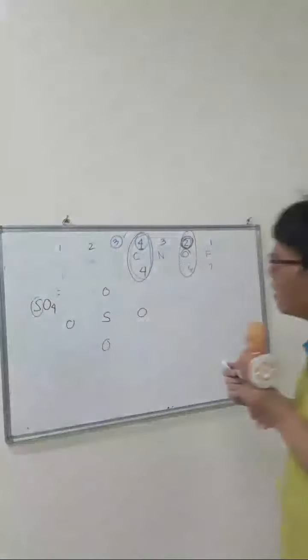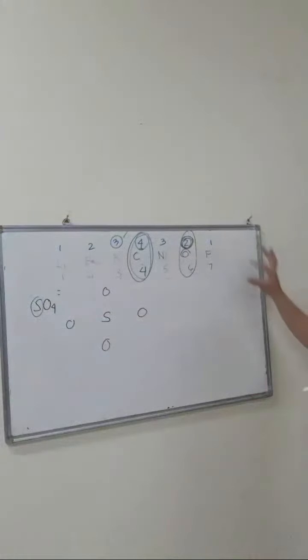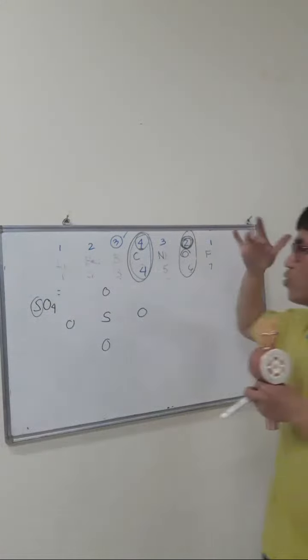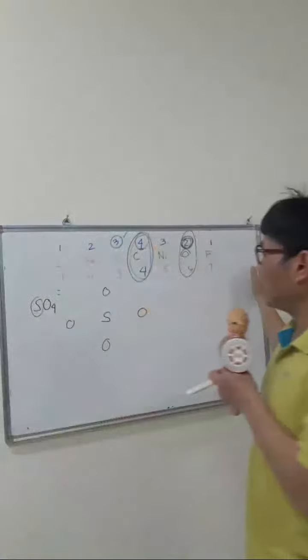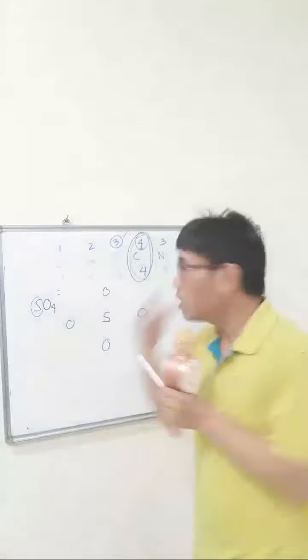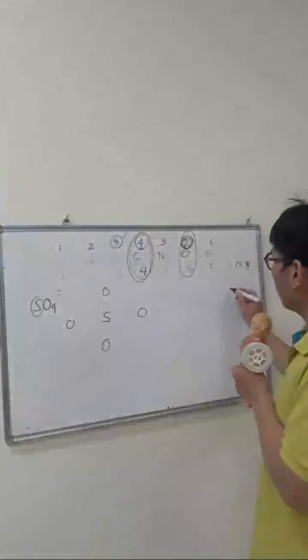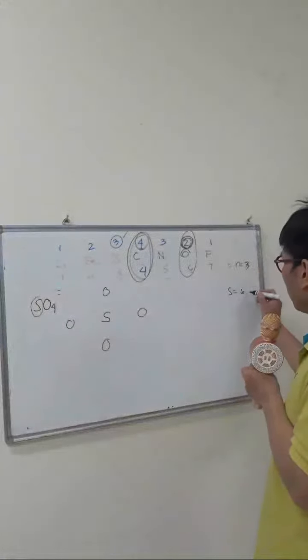Now guys, sulfur is not listed in the second energy level. It is in the third energy level, n equals 3. That means it will also share the same valence electrons because it is in the same group. So sulfur also has 6 valence electrons.